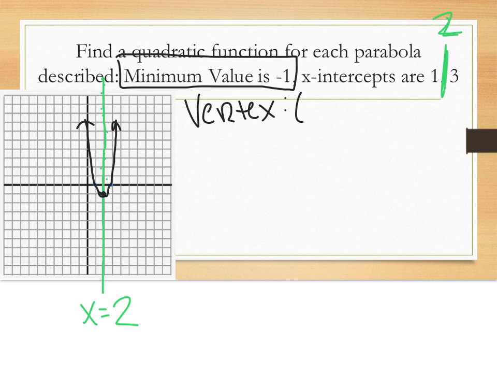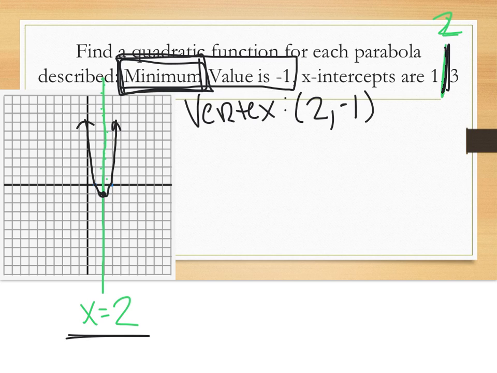The number that falls right in between your x-intercepts is the x of your vertex, because it's your axis of symmetry. And then your minimum value, or sometimes it'll be a maximum value if your parabola is flipped upside down, is always going to tell you the y of your vertex. So that's going to help you figure out one part of the parabola.